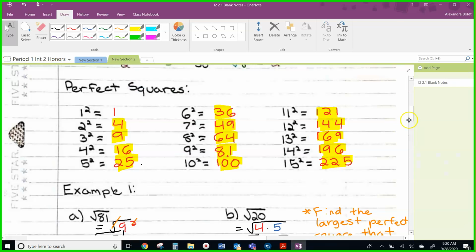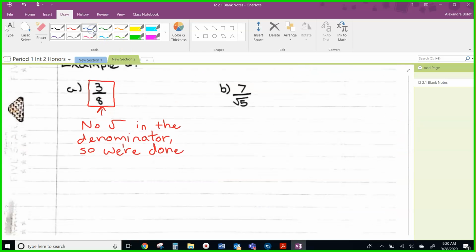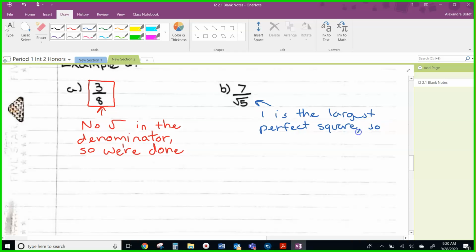And our rule is, and I'll write it here, 1 is the largest perfect square. So it's already simplified.